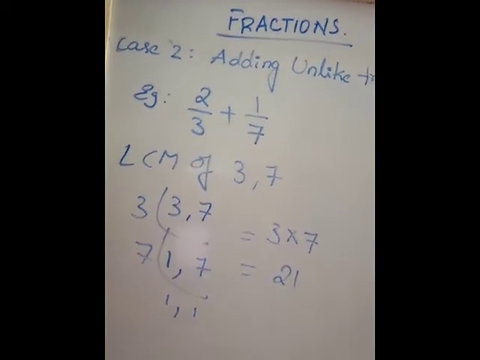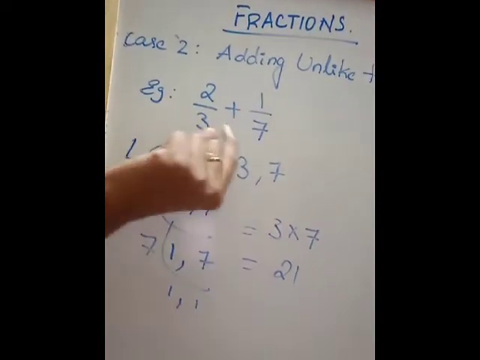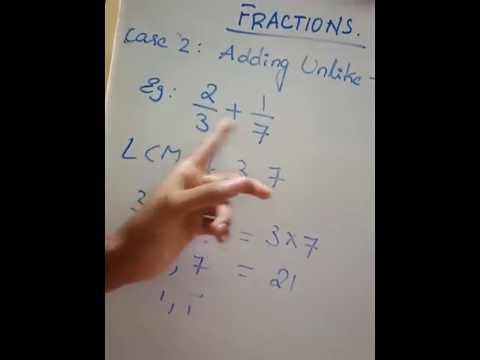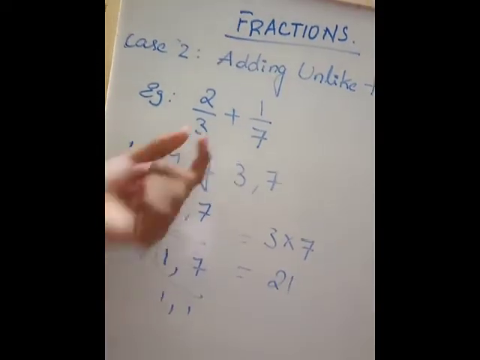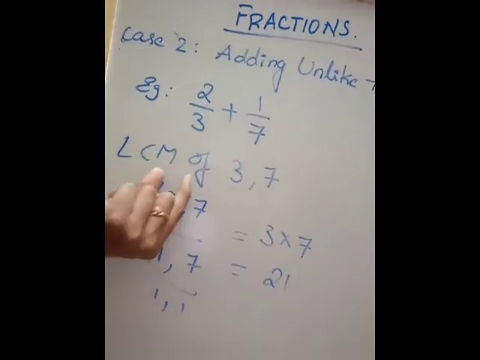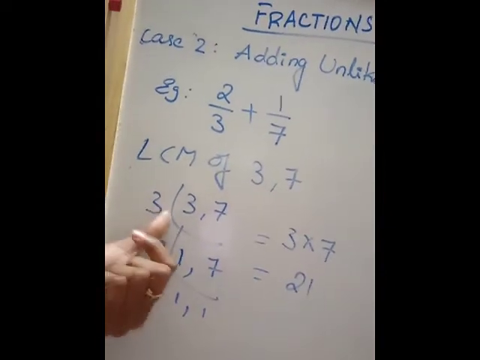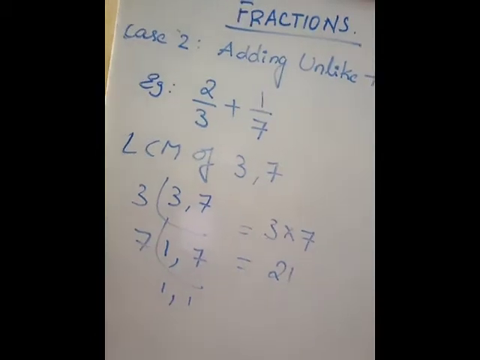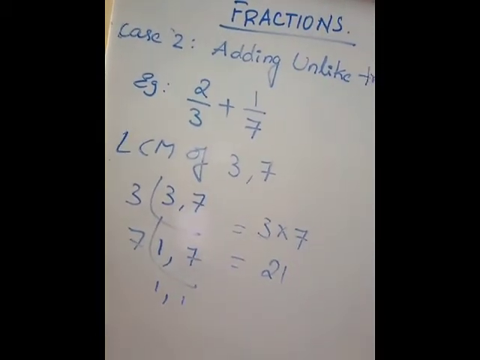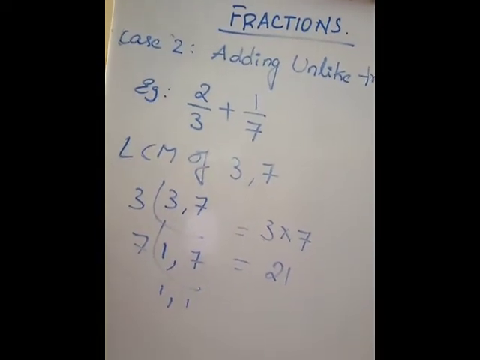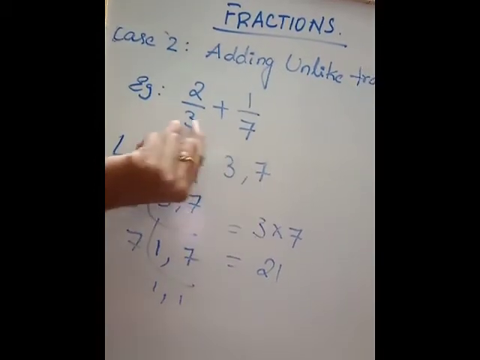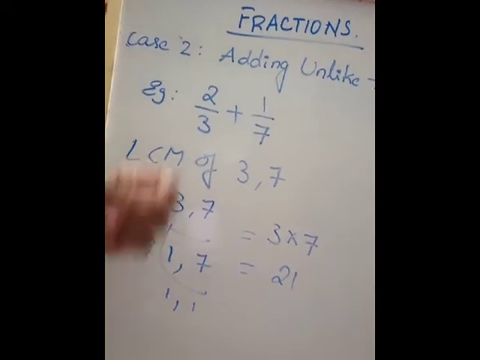Now by LCM, if you have unlike fractions, take the LCM of the denominators. What are the denominators here? 3 and 7. What is the LCM of 3 comma 7? It is 3 into 7, 21. Now you have to make 21 the denominator of both.